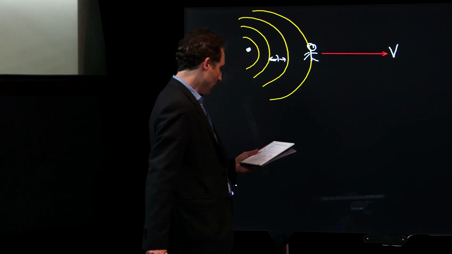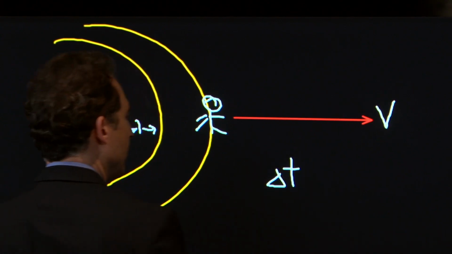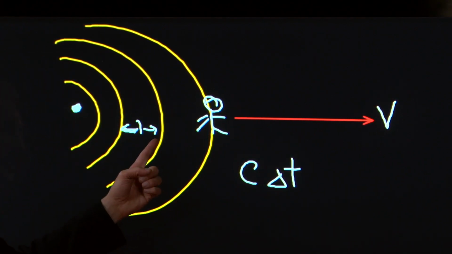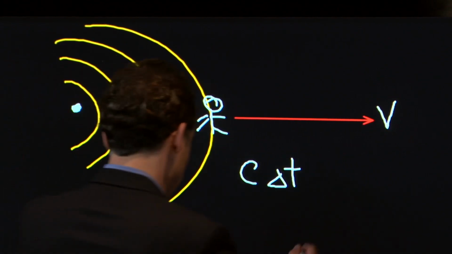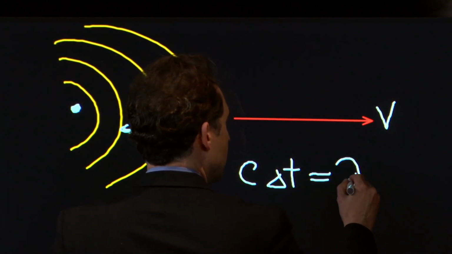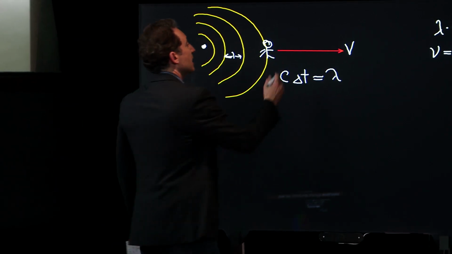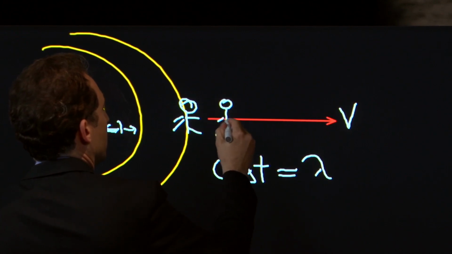How long will it take this one to reach you? That's not hard to do, because if you call that time delta t, it had better be the case that the speed of light times delta t is equal to the distance it needs to travel. Now, at first sight, you might think that distance is lambda, but now that we've done this kind of calculation many times, you recognize that you were moving, so actually you've moved over here.